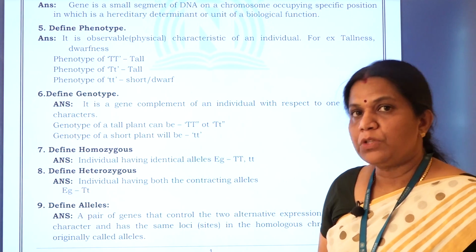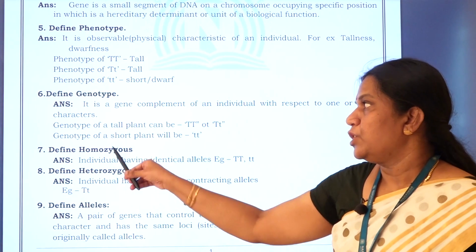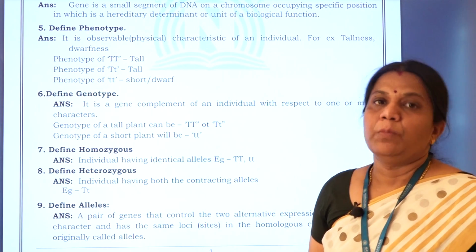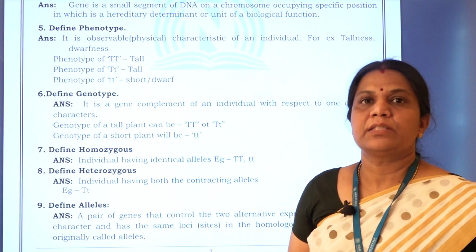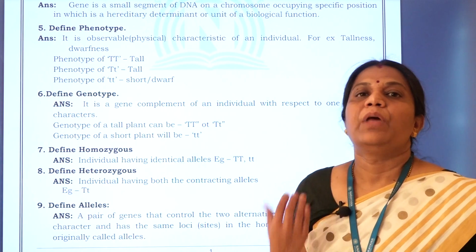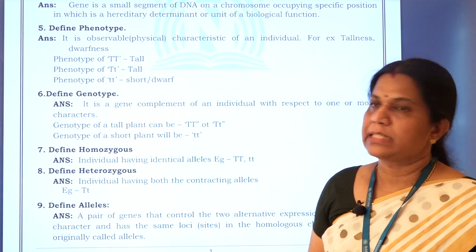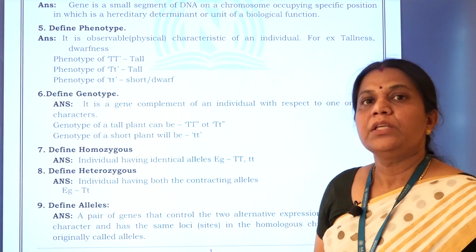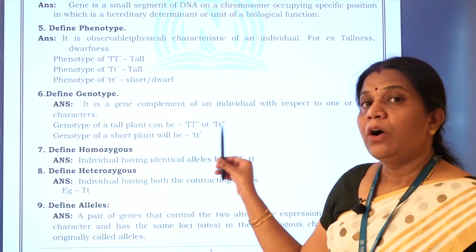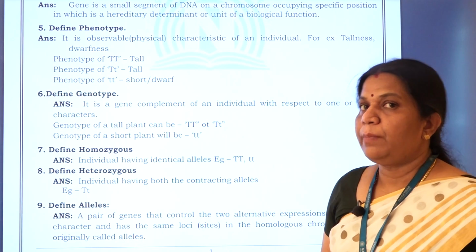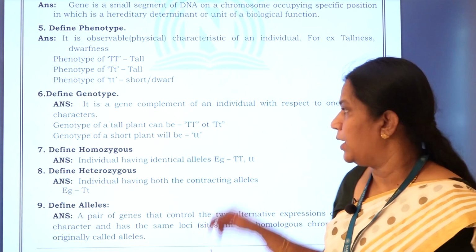The genotype of a short plant will always be homozygous, because the recessive trait will express only in the homozygous condition. So a short plant will be small t, homozygous. The genotype of a tall plant may be homozygous or heterozygous.